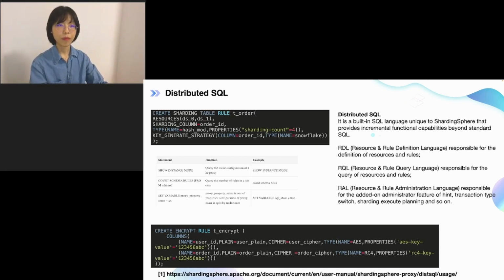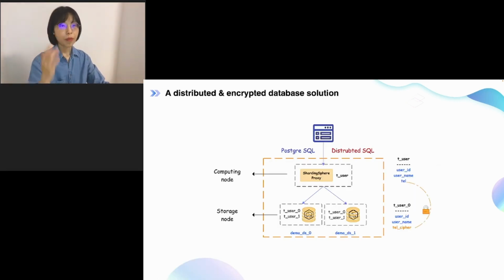So let's come back to our last page. If you just use PostgreSQL, you can just create a single standard PostgreSQL table in a PostgreSQL instance. But here, if you use distributed SQL, you can create a logic table, or sharding table, or distributed table named t_user. For our application, you can just regard the system as having only one logic table, t_user.